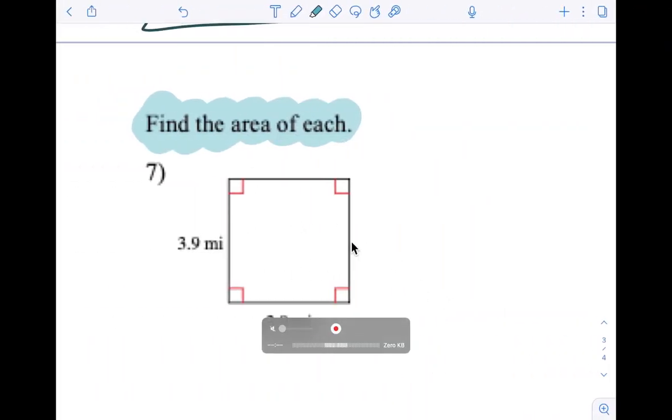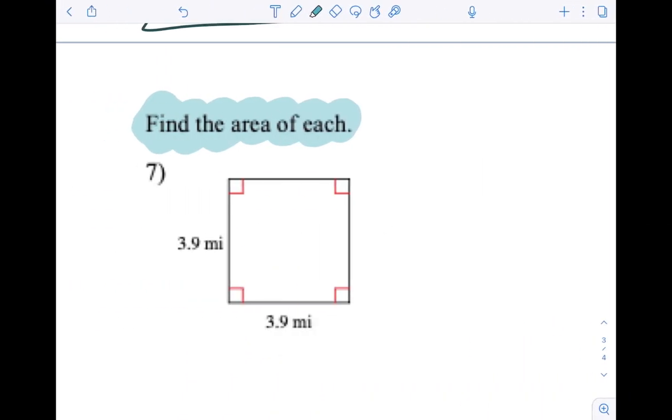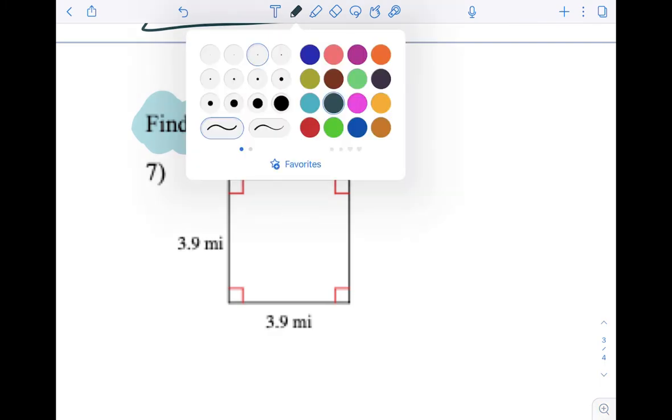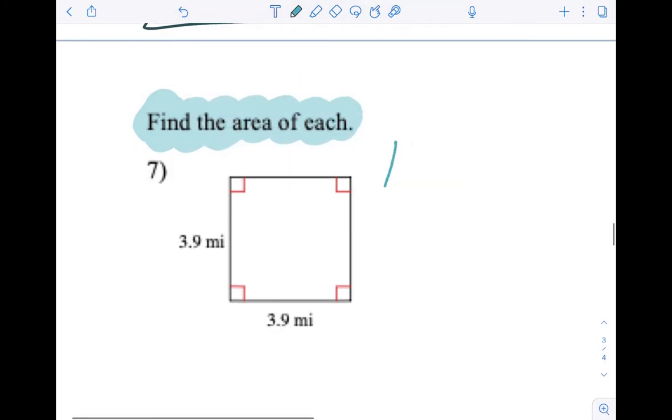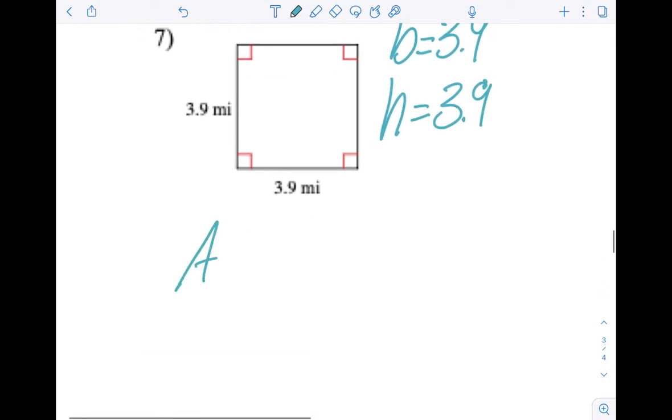So this is a quadrilateral, so that means that area equals base times height. So I need base and I need height. I need base, which is 3.9. I need height, which is 3.9. And the area is equal to base times height, which is 3.9 times 3.9.